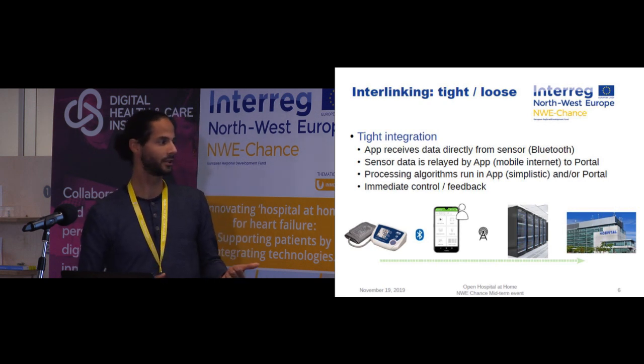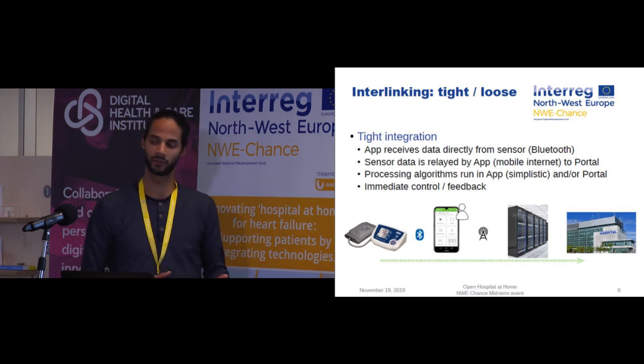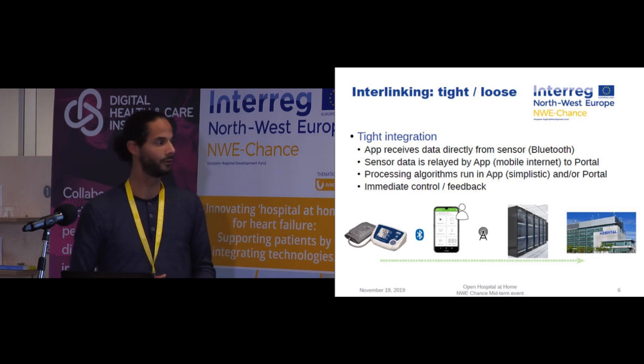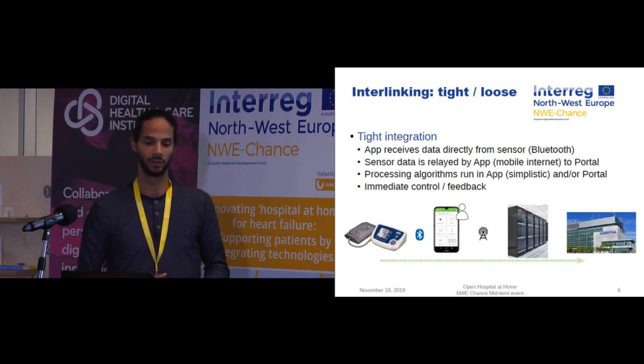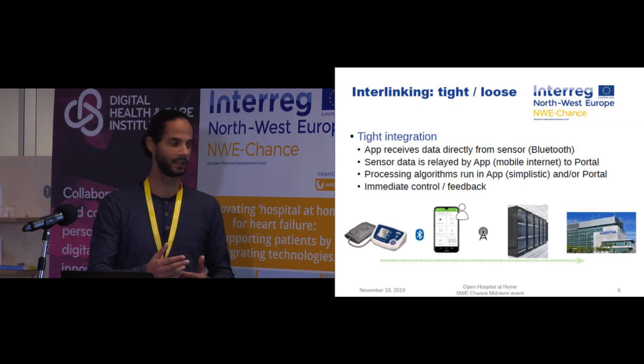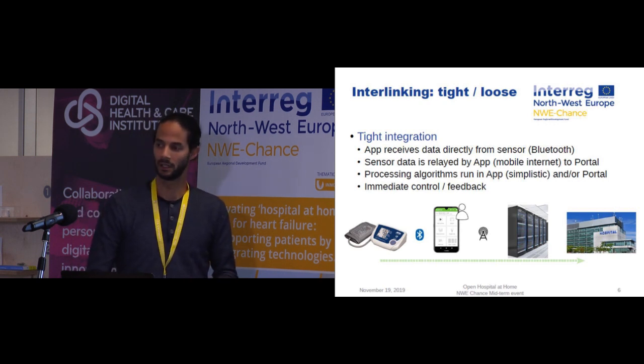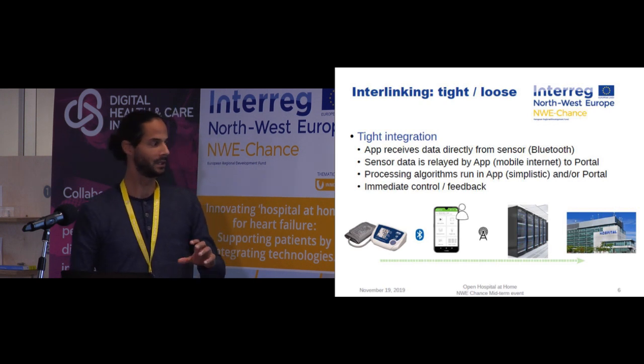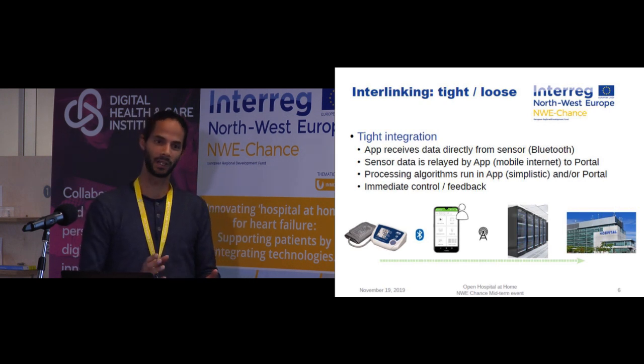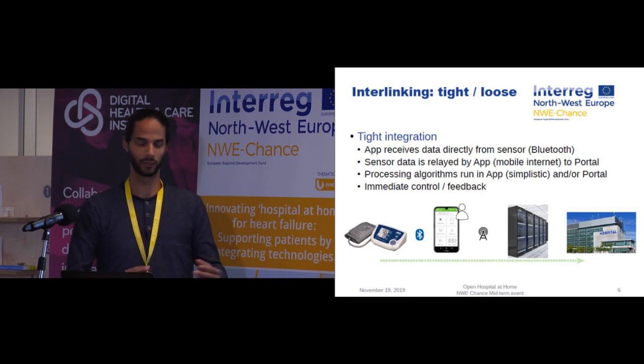The blood pressure monitor, the weight scale, and the pulse oximeter support Bluetooth, and you get a direct interaction there. The data arrives at the phone, you can see what it is, and it's transmitted. Fairly straightforward, and you'll see this strategy be applicable to many devices that provide some kind of standalone value, so they're sold separately.